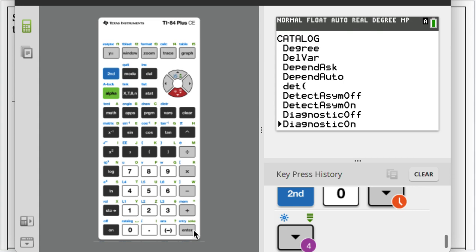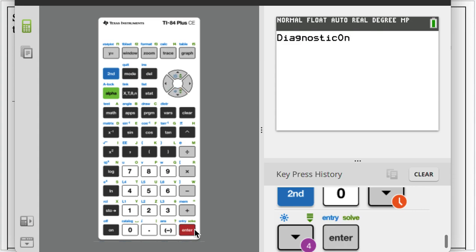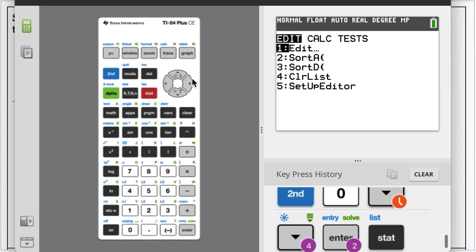Hit enter twice. Make sure you're on, not off. Diagnostics on. Hit enter, it'll go to the main screen, enter again. Now it should be good. Unless you ever clear out your calculator, or it dies and you have to change the batteries, it shouldn't ever have to go back. So now you can hit stat.